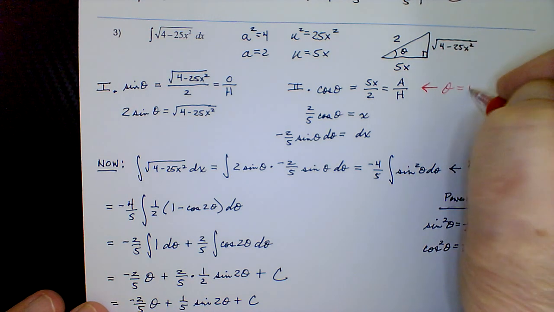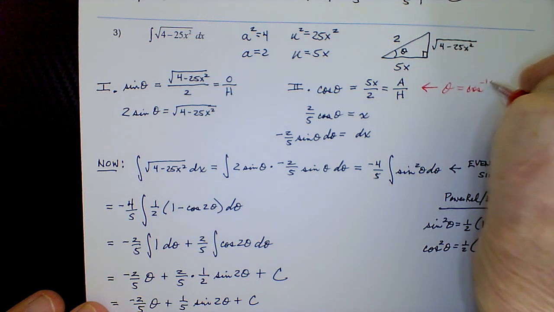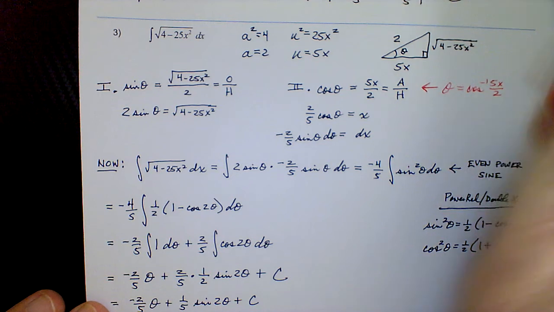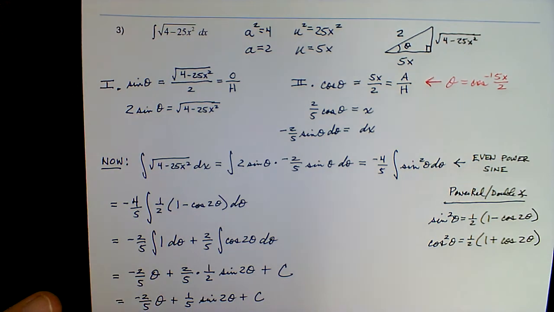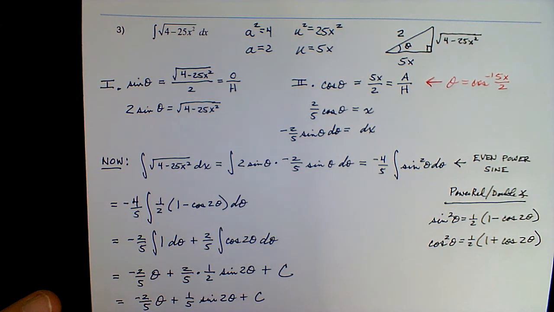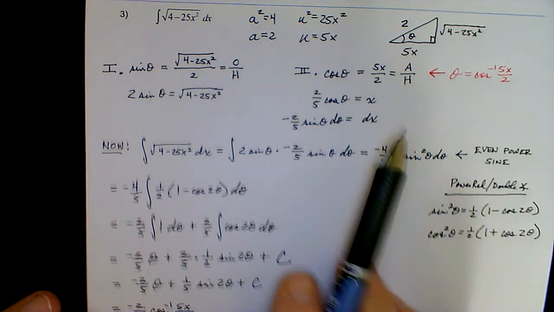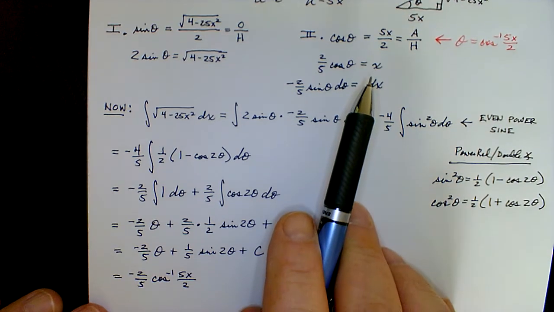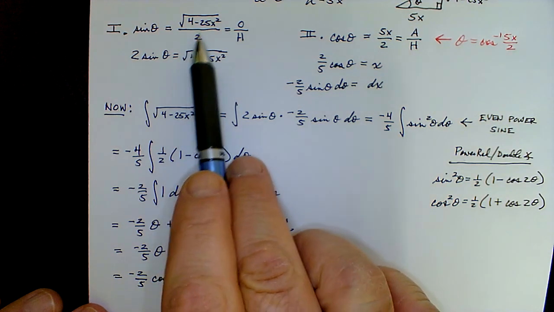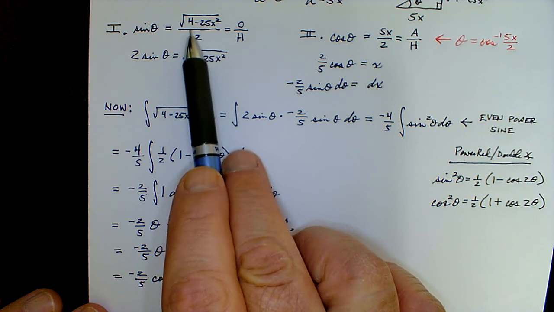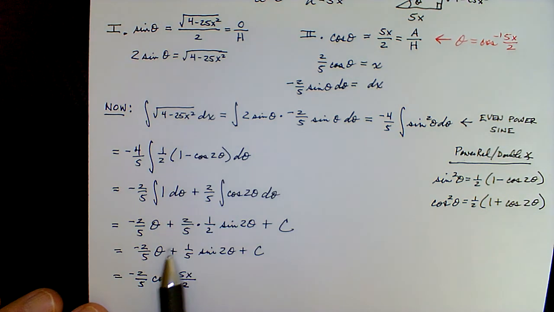So theta would be the inverse cosine of 5x over 2. Okay, so that's going to take care of that part. And you could have similarly said it's the inverse sine of the radical part over 2. Okay? But to make sure you understand, to get theta, you need to take an inverse trig.